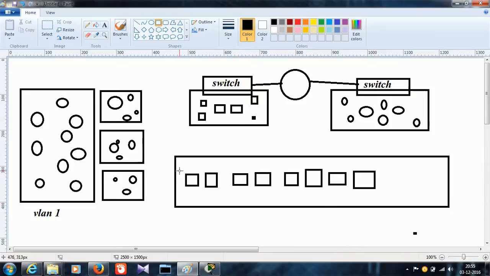Something we will study in a later chapter is access port and trunk port. These ports are by default in access mode for VLAN 1. That means you don't have to worry about it, I am going to speak about the topic later. As of now, just think that all these ports are assigned to VLAN number 1. So the traffic going to or from these ports is from or to VLAN number 1. That is what we have to know.